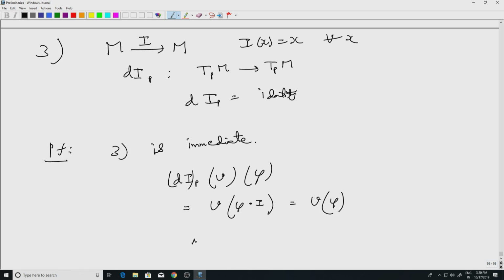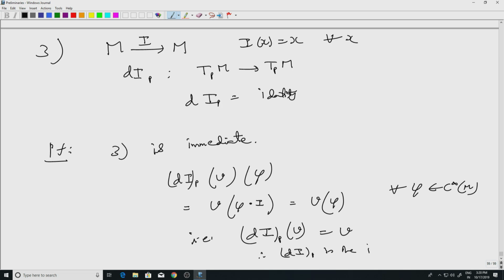In other words, the derivation DI at P of V is the same as V itself. Since their action on any C infinity function is the same, DI at P of V is equal to V. Therefore DI at P is the identity map on T_P M. Here V is any element of T_P M.